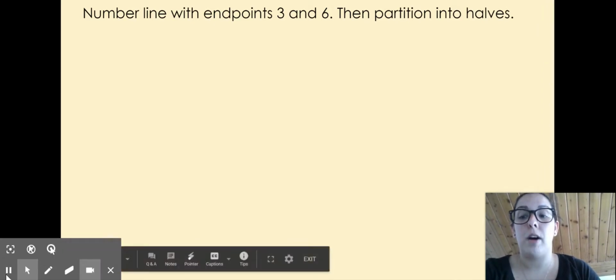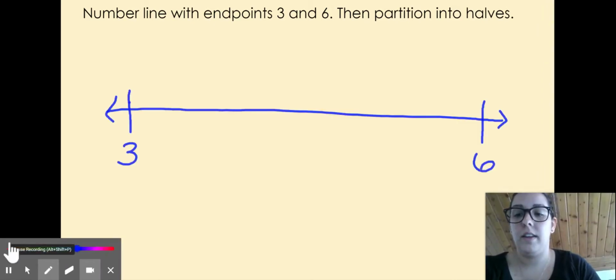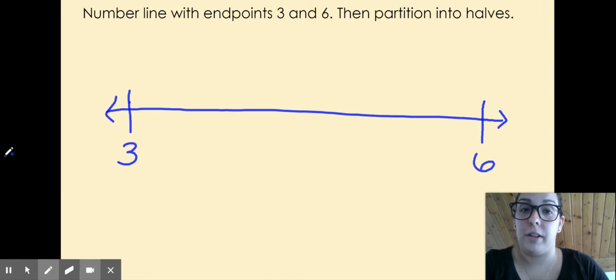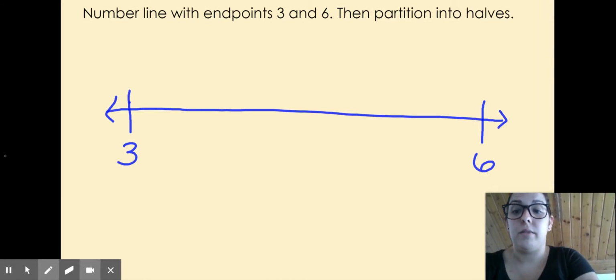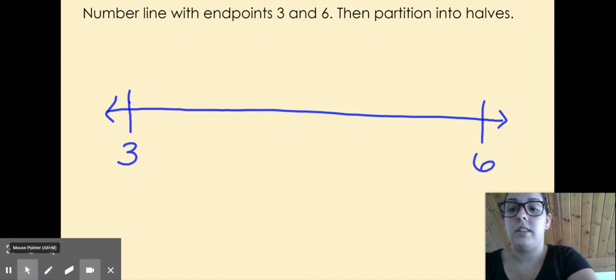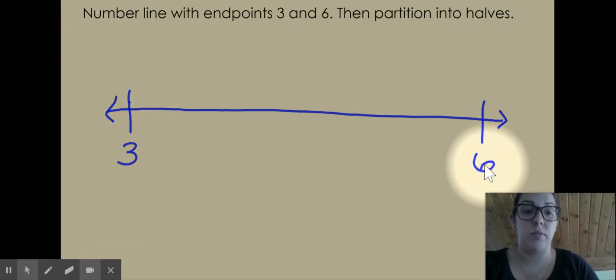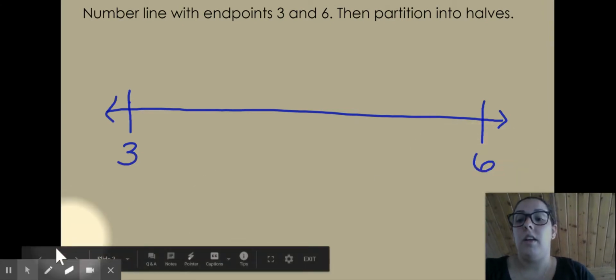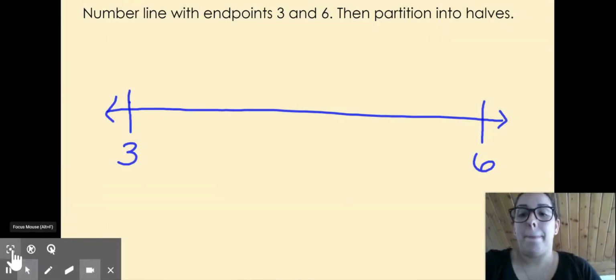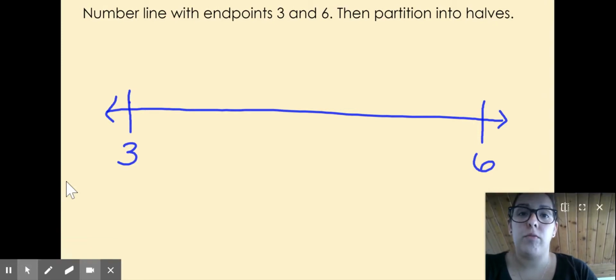Take a moment, pause the video, and draw that. You should have a number line with your two wholes represented. 3, which is right here, and 6, which is right here. You need to now place the other wholes that are missing.